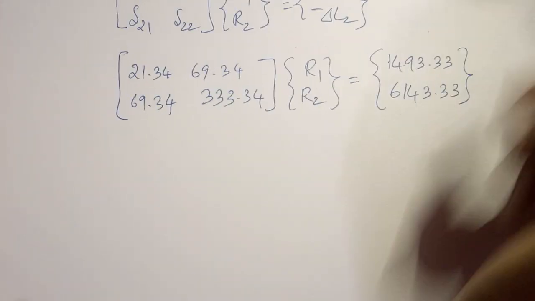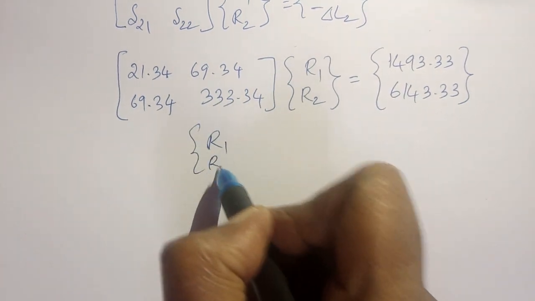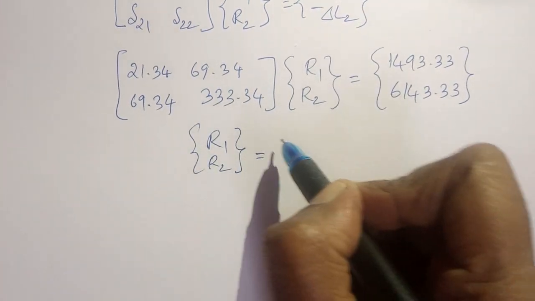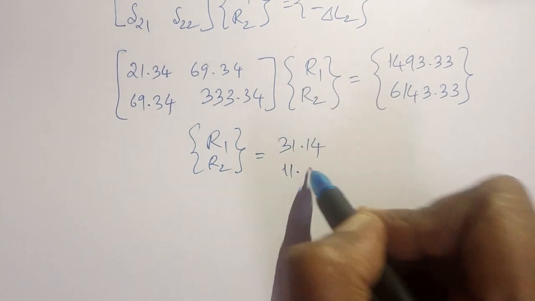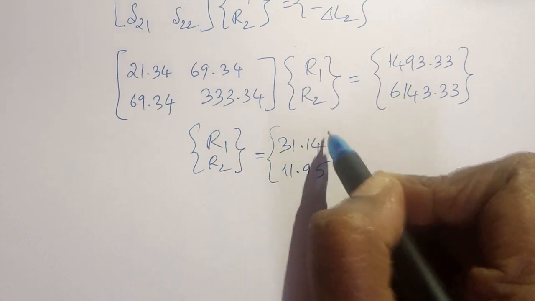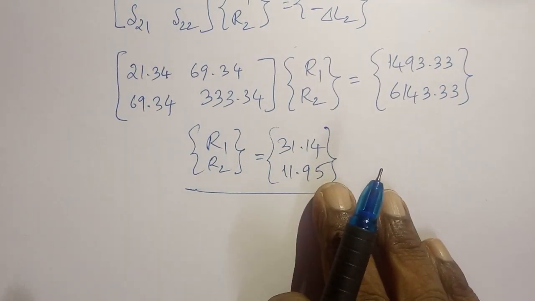Solving this matrix, or you can solve it as simultaneous equations, you'll get R1, R2 is equal to 31.14, 11.95. So these are the redundant reactions.